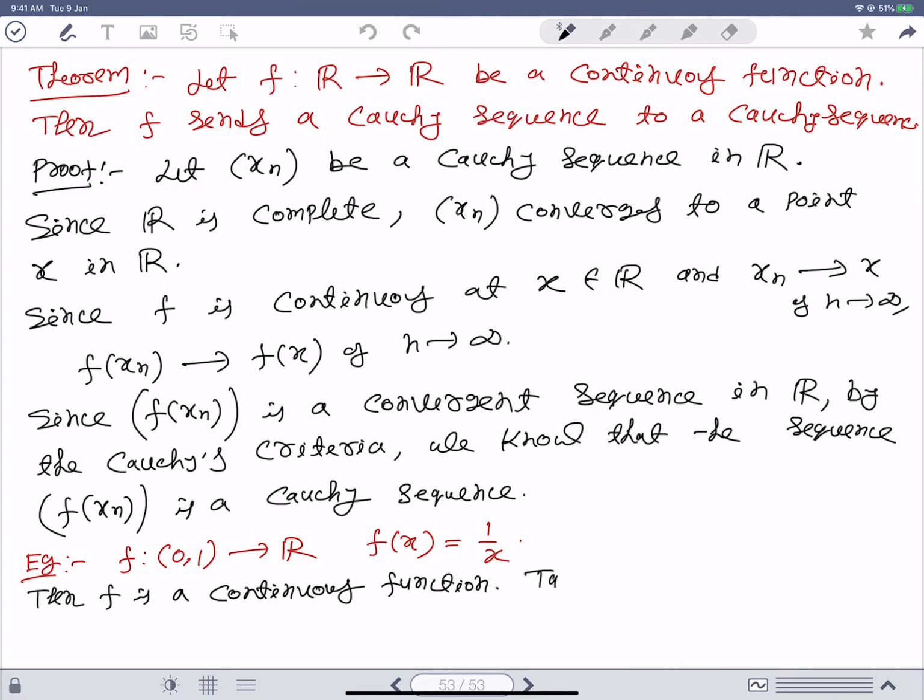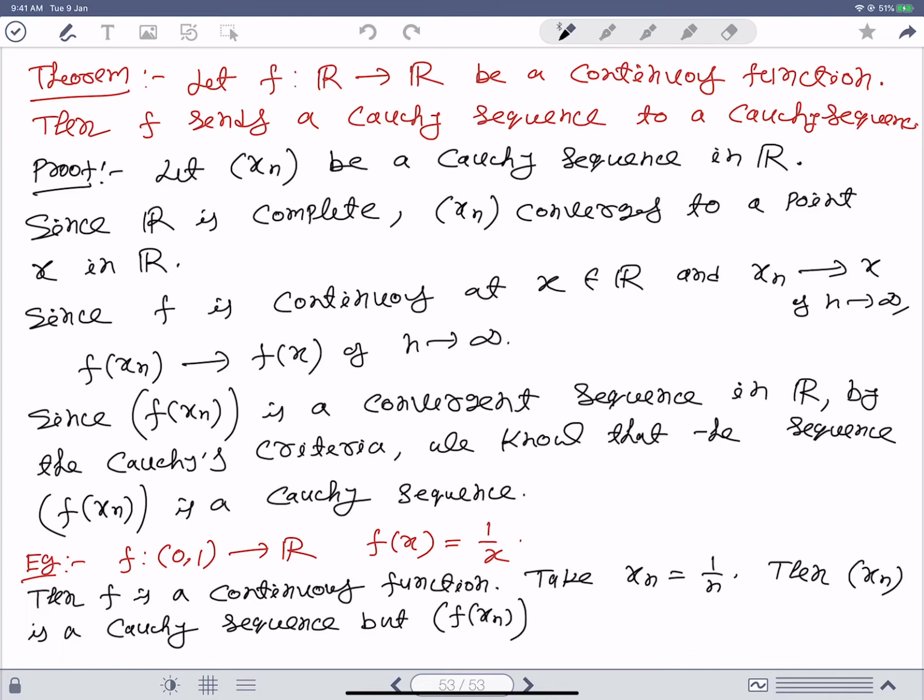Now take xn equal to 1 by n. Then the sequence xn is a Cauchy sequence, but the sequence f of xn, which is just n, is not a Cauchy sequence.